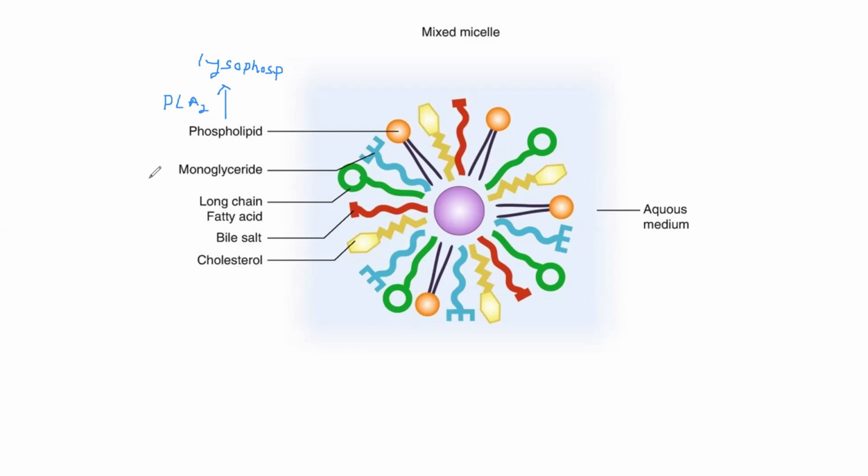For triacylglycerol, an enzyme called pancreatic lipase breaks down triacylglycerol, that is TAG, into free fatty acids and glycerol. So a long chain free fatty acid and glycerol are generated when pancreatic lipase hydrolyzes triacylglycerol.